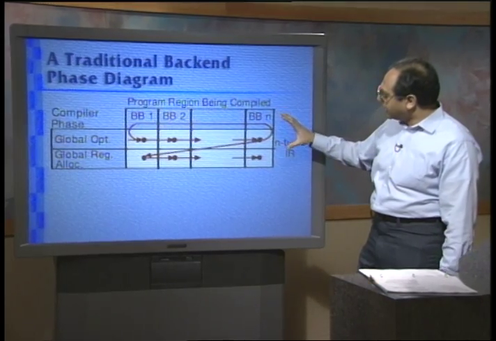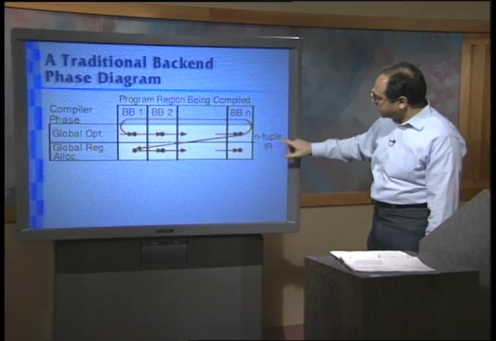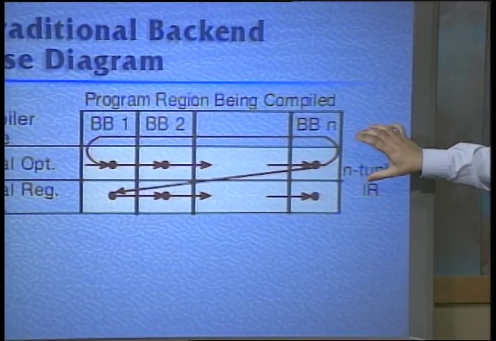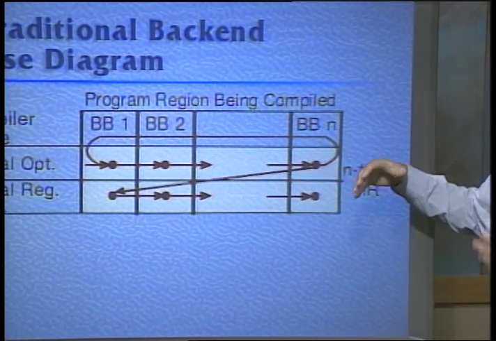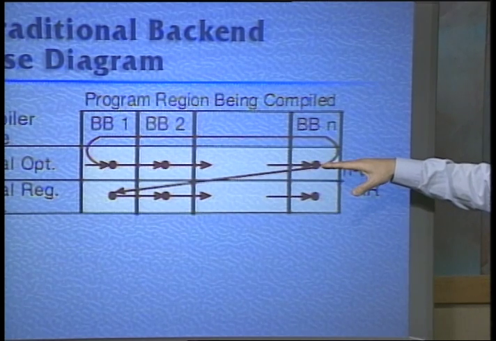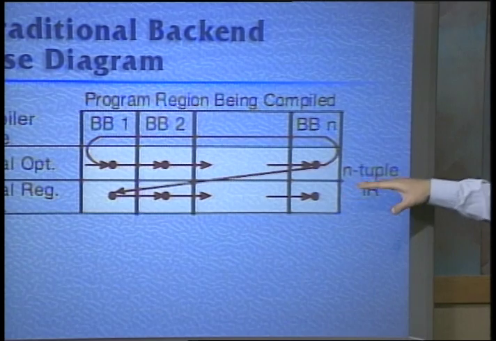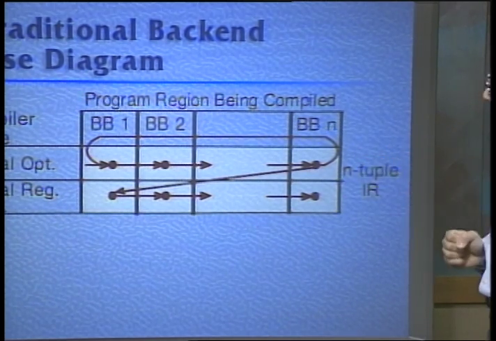The other part of the diagram I'd like to call attention to is the nature of the IRs that we're using. In general, every compiler phase has some private data structures that it uses. But what I'm focusing on is the information that passes from one phase to the other. And the conventional IR is an n-tuple form.